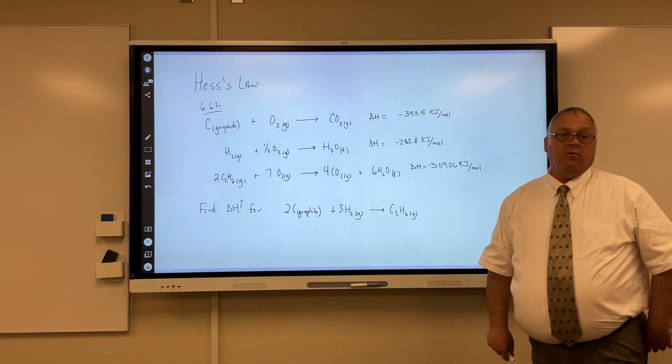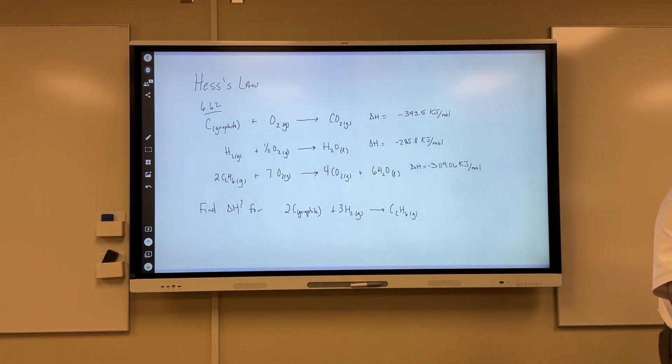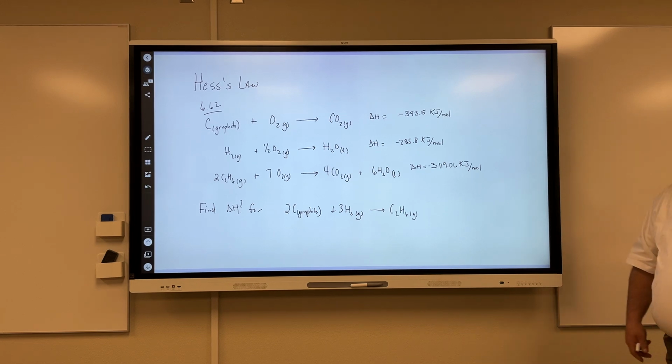So with Hess's law, we want to rearrange those so that we can come up with that bottom equation and cancel out everything else that's not included in that bottom equation. When we do that, we can add the delta H's together. Now, what is delta H? That is enthalpy of the reaction, right? That's how much heat is given off from the reaction.